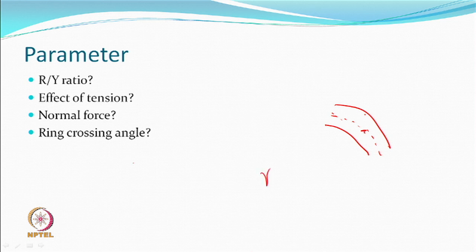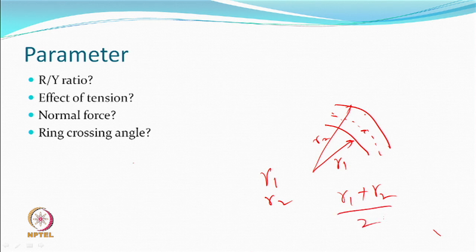If R1 is the radius of the inner circle and R2 is the radius of the outer circle, then (R1 plus R2) by 2 is the midpoint, and we say that when the midpoint is crossing, then you define.